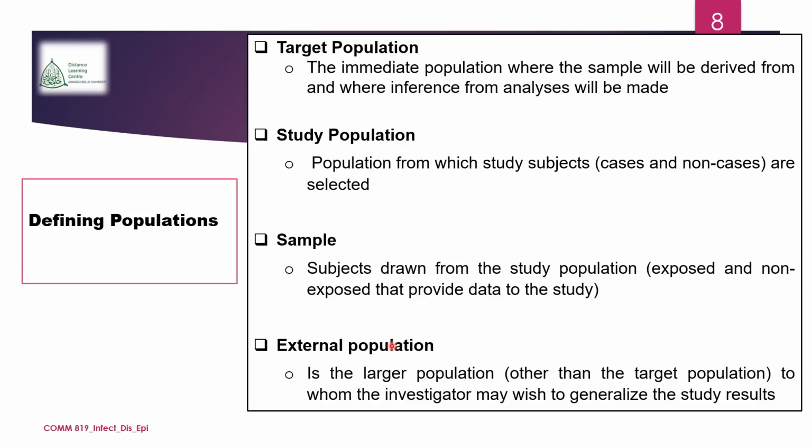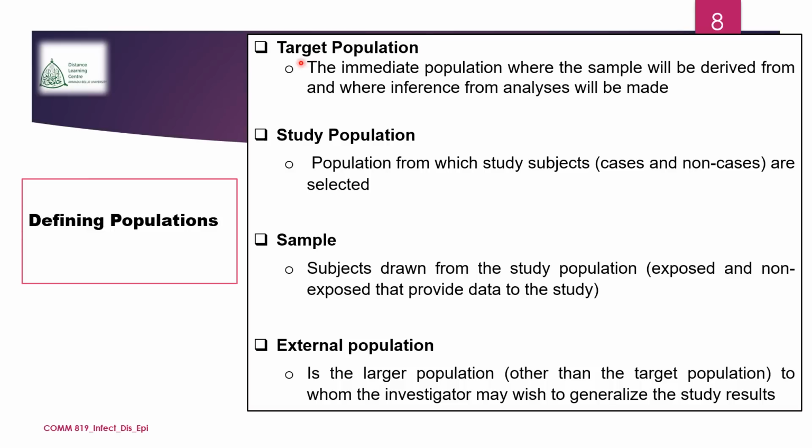This is the larger. For instance, you want to investigate a particular disease in Nigeria, and Nigeria has a population of over 270 million. So is it possible to sample 270 million people? Absolutely not. So Nigeria as a whole becomes our external population, but our target population, within the 270 million people, is the particular group you are interested in.